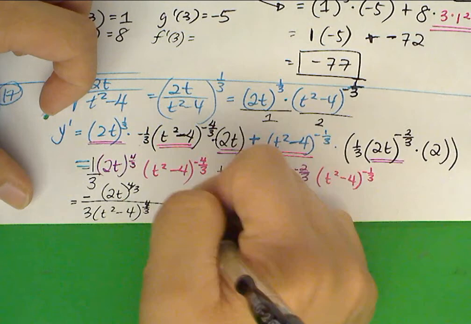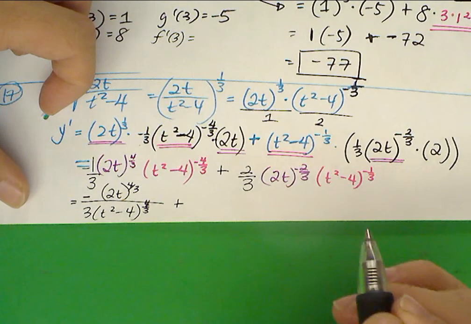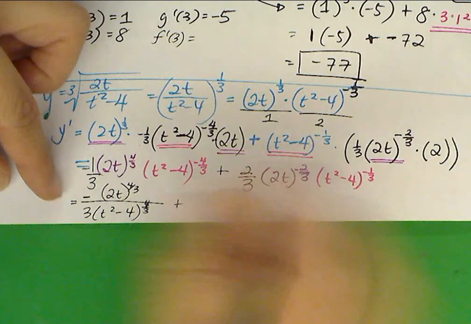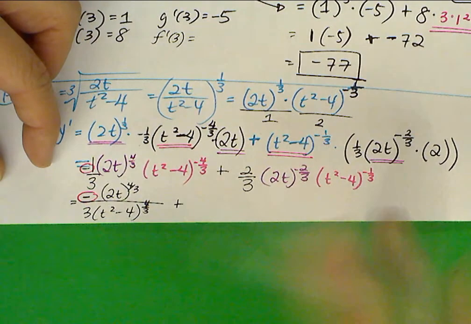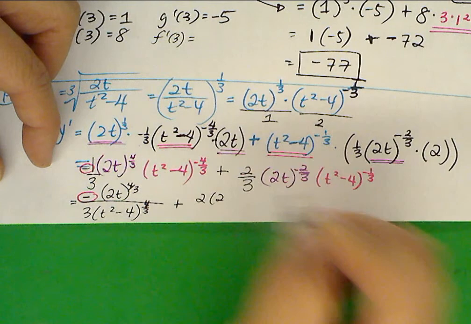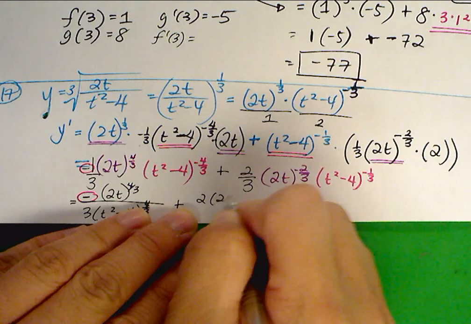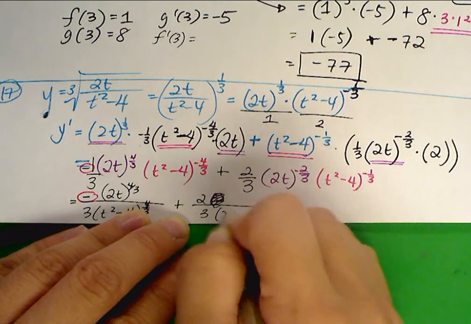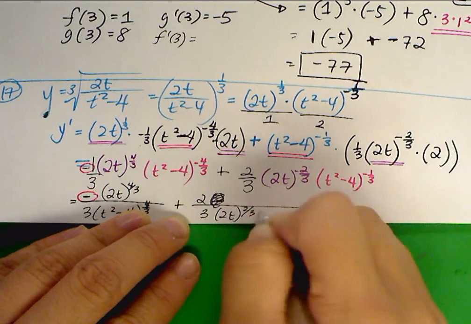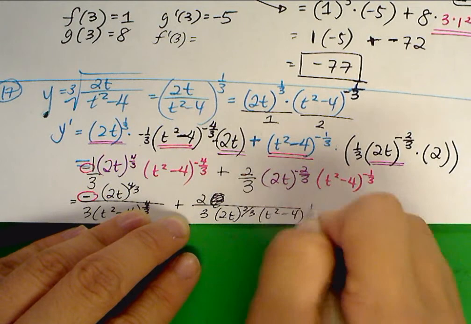Nasty negatives. In the front right here. Okay, and then we have 2 by itself over here, huh? Over 3 times 2t to the 2/3 times t squared minus 4 to the 1/3.